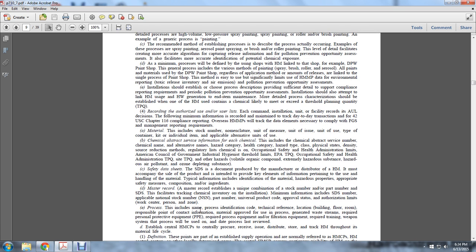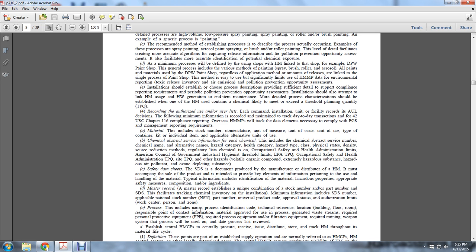For a material, this includes the stock number, nomenclature, unit of measure, unit of issue, the unit type of the container, the kit, and the individual item, applicable and alternative units. Chemical Abstract Service information for each of the chemicals includes the Chemical Abstract Service number, chemical name, alternative names, hazard category, health category, hazard types, class of the physical state, identity, source of the reduction methods, regulatory list the chemical is on, Occupational Safety and Health Administration list limits, American Conference of Governmental Industrial Hygienists threshold limits, the EPA threshold planning quantity, and the site threshold planning quantity.